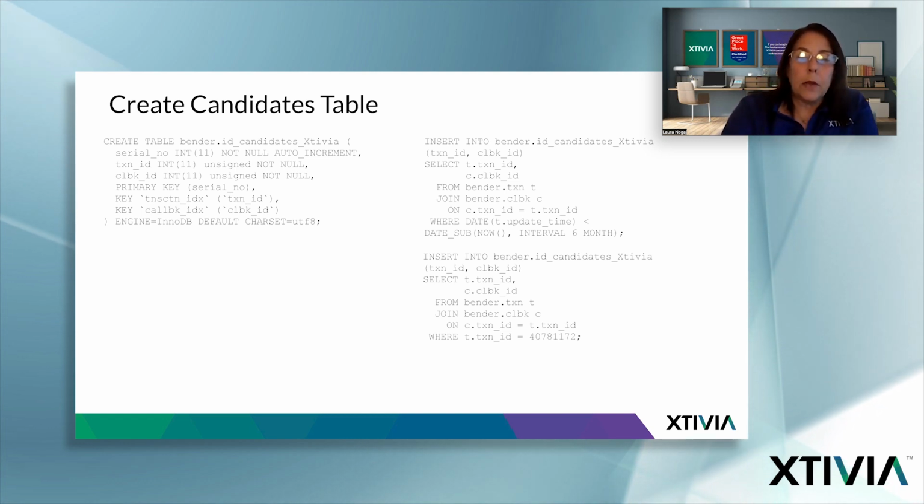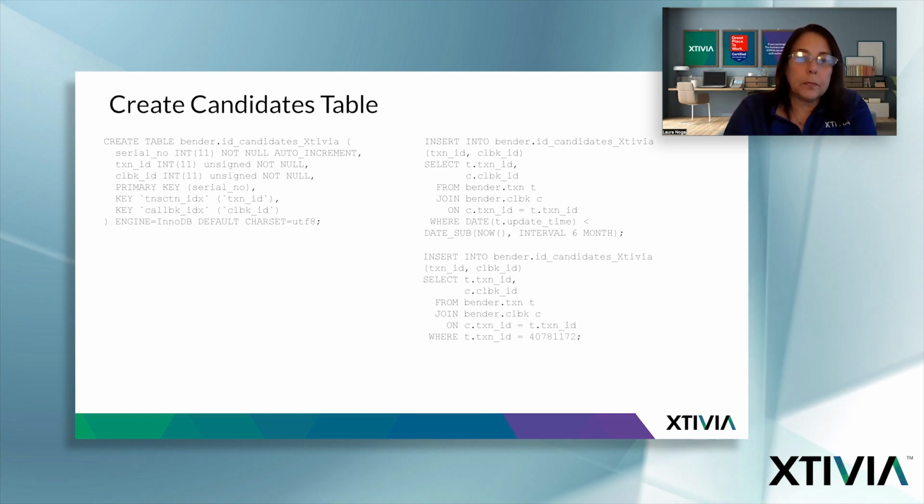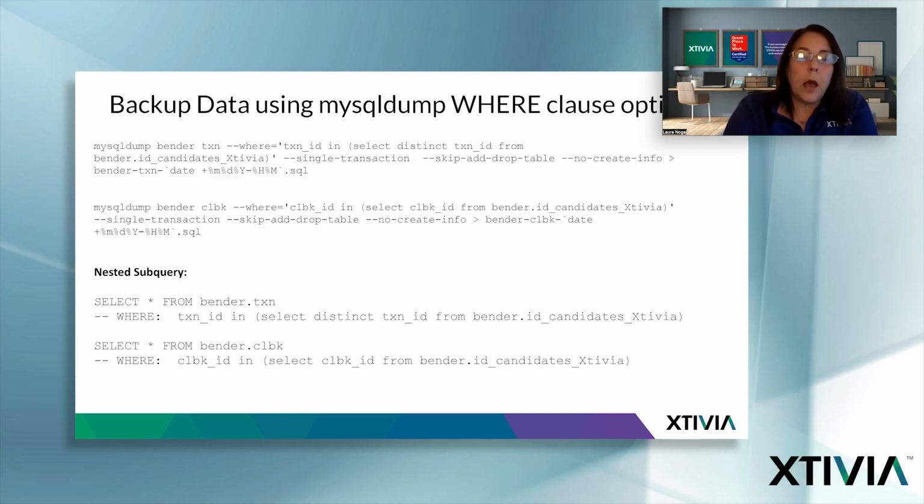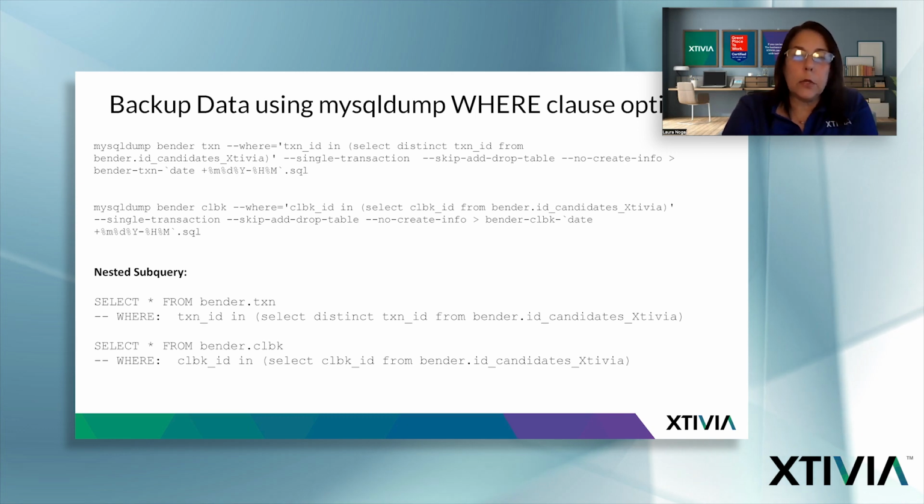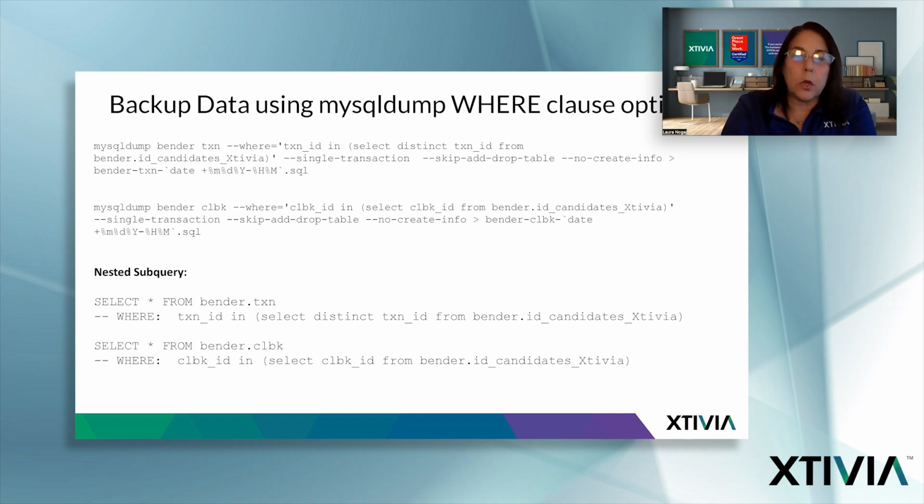So here is an example insert into the candidates table in the upper right. And I'm going to also demo a second insert for just a specific transaction ID. Now, here's the MySQL dump with the where clause option.